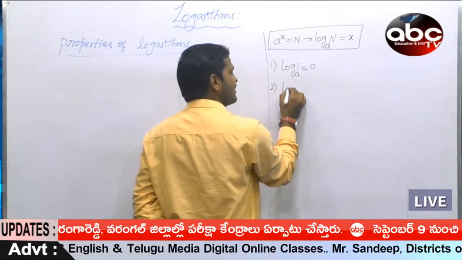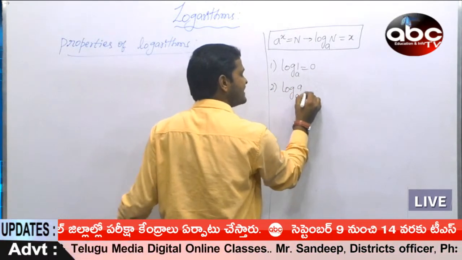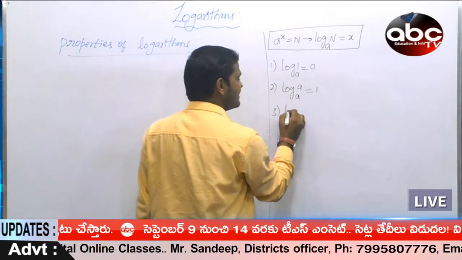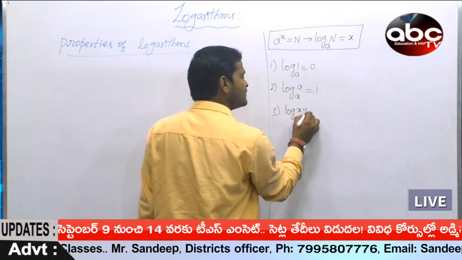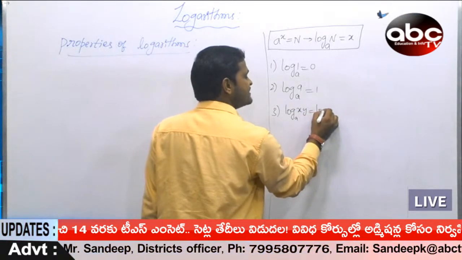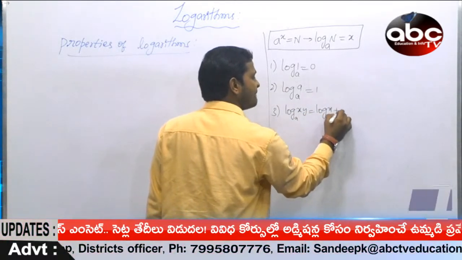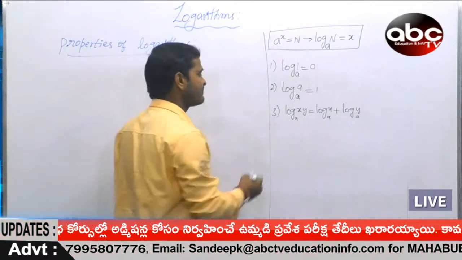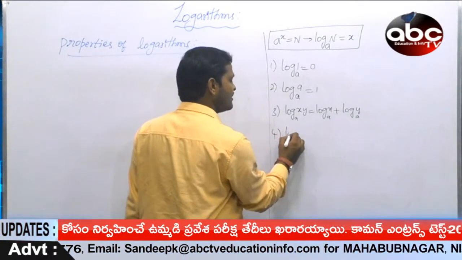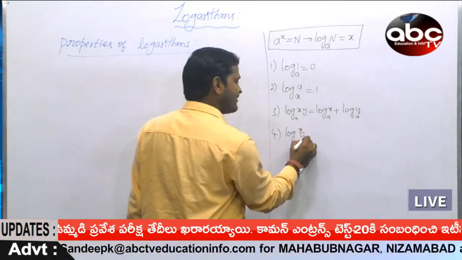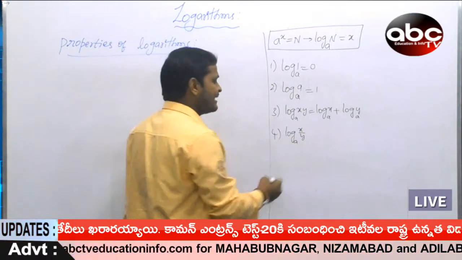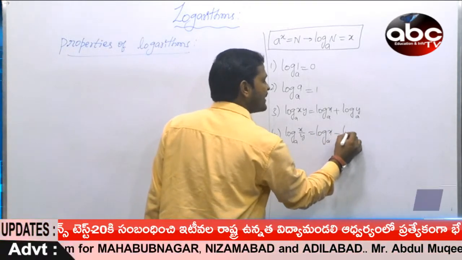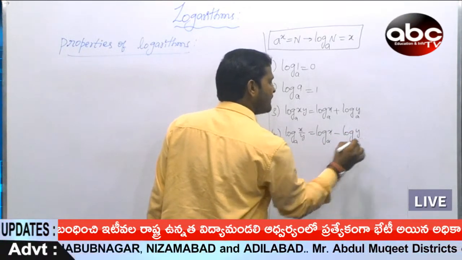Log a base a is equal to 1. Then third one, product rule, that is log x into y base a is equal to log x plus log y base a. Fourth one, quotient rule, log x by y with base a is equal to log x base a minus log y base a.